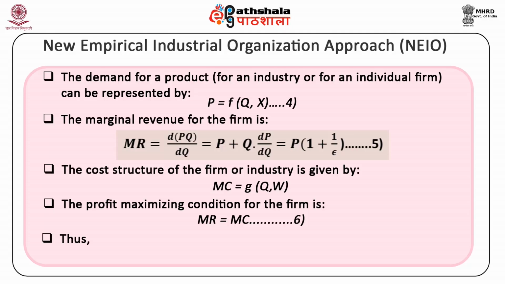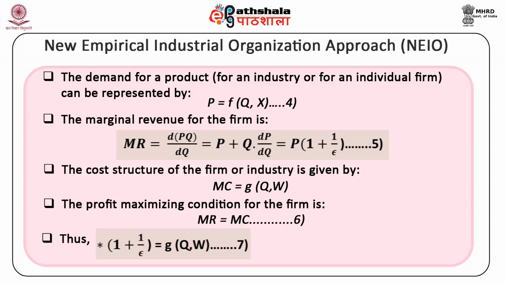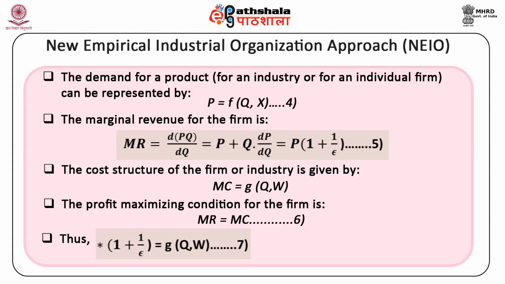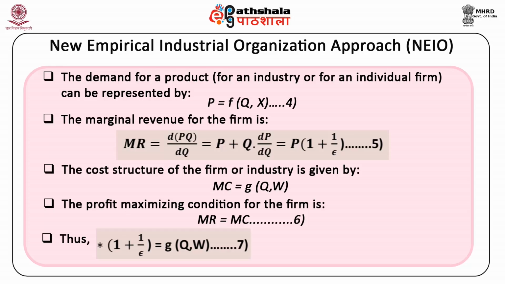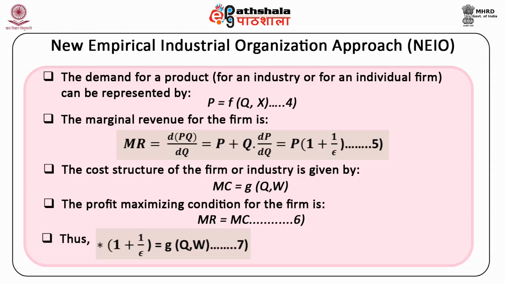Thus, P(1 + 1/E) equals G(Q, W). The NEIO approach estimates equations 4 and 7 jointly using appropriate econometric techniques. This approach makes use of changes in the price elasticity of demand to make inferences about market power.